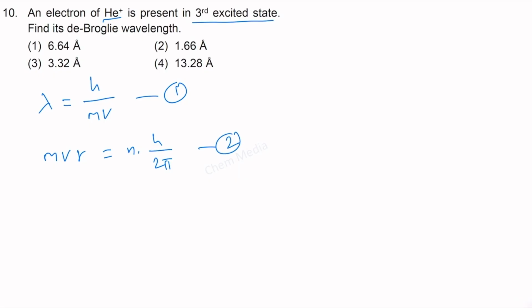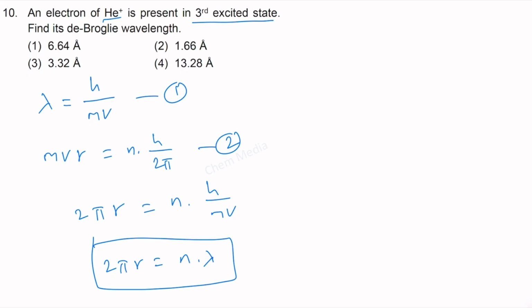Let us equate these two equations. If we do that, then we can write that 2 pi r is equal to n times h by mv. Therefore, 2 pi r is equal to n times lambda.